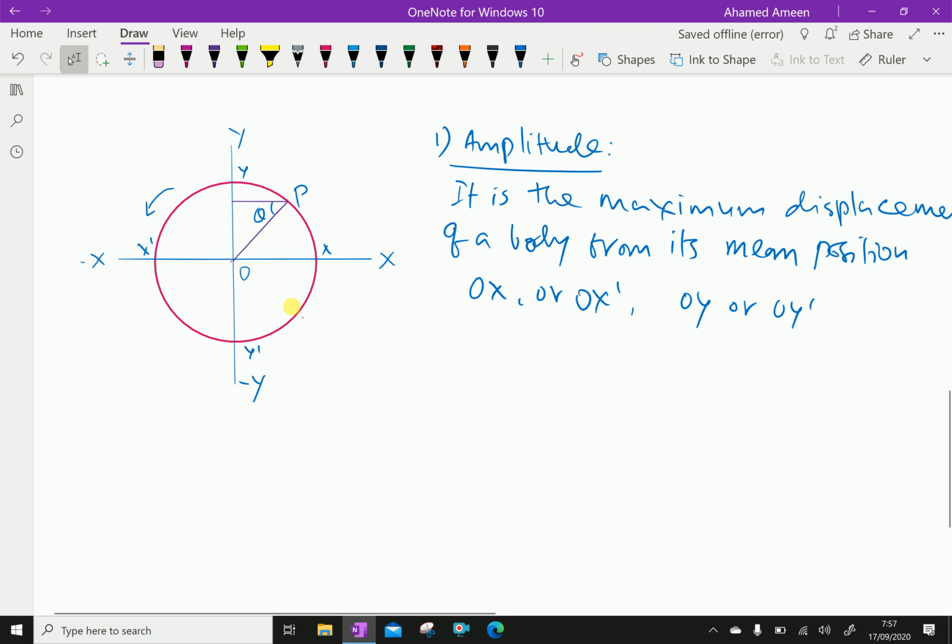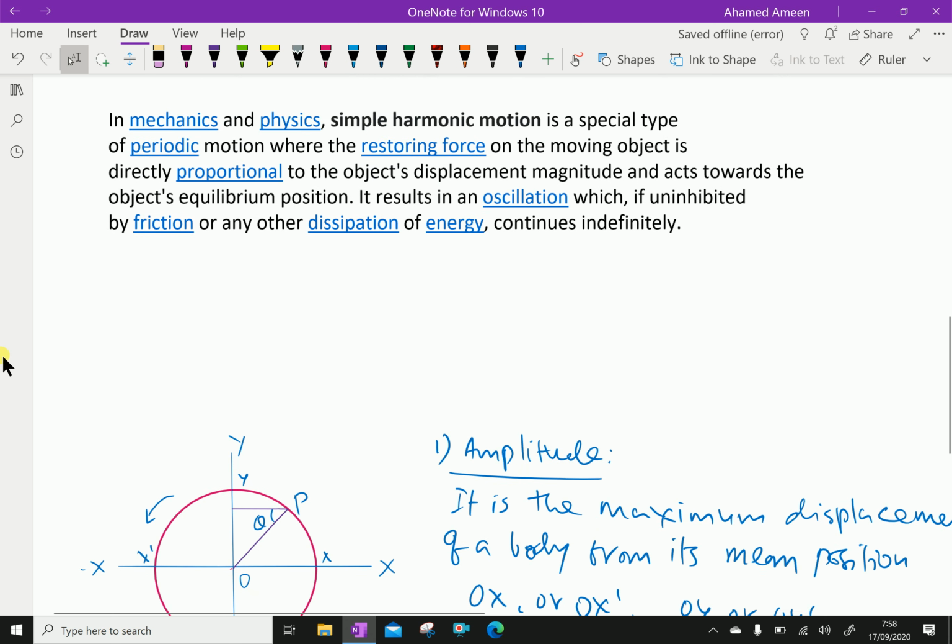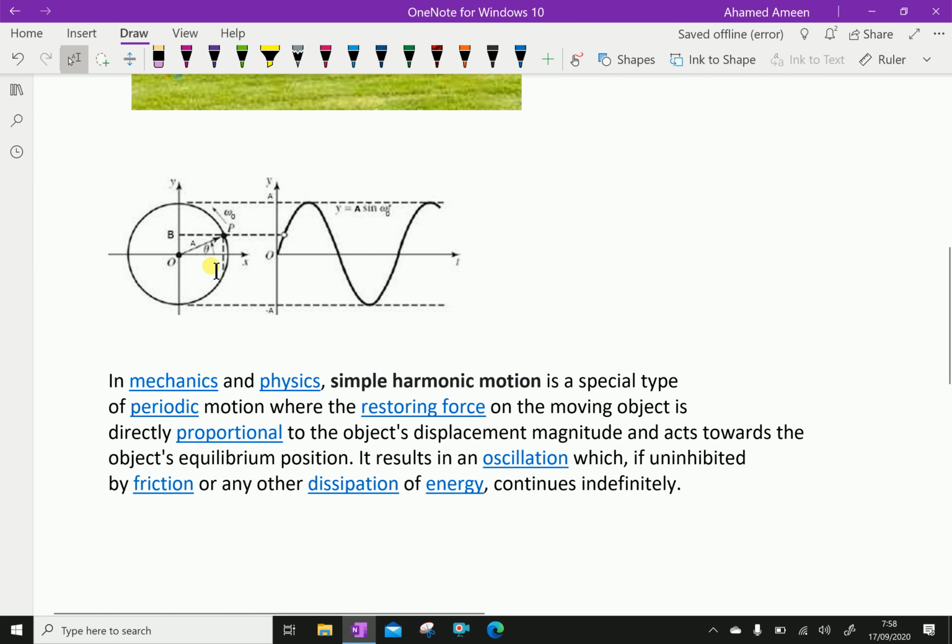That means it is also the radius of the circle. Look at this figure. Here the amplitude is this height in the curve, from the mean line to the highest point, or from the mean line to the lowest point.